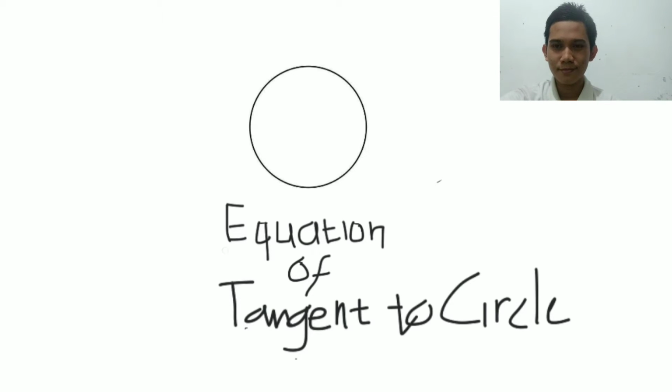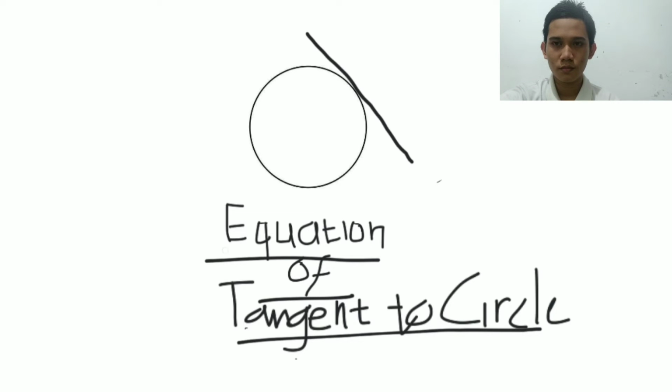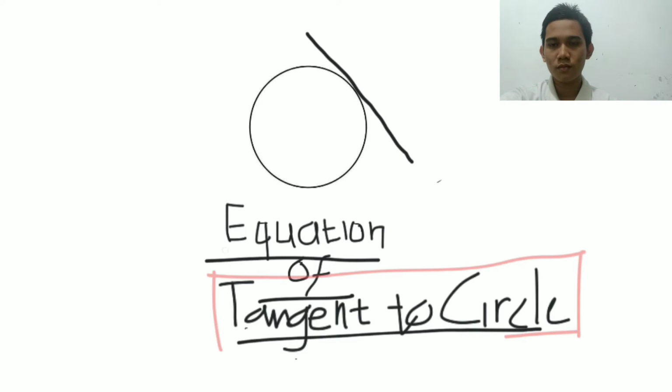From the circle, we imagine a line. What happens if the line touches the circle? What can we know from there? Yes, of course, we can know the equation of tangent to circles. Then the next question is, what is a tangent to circles?